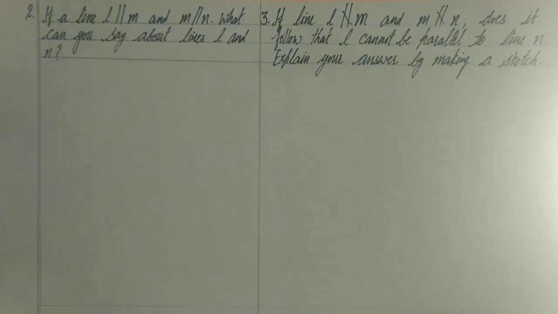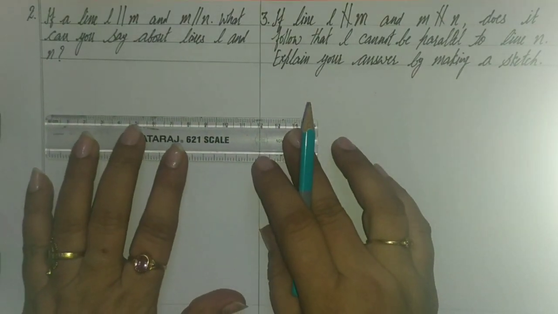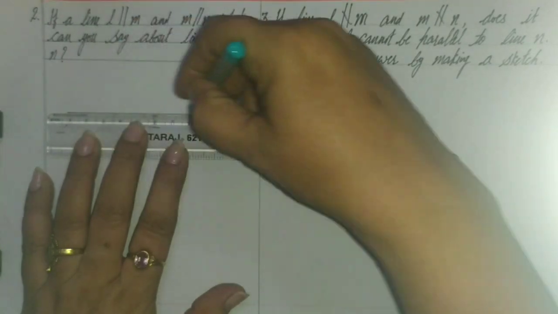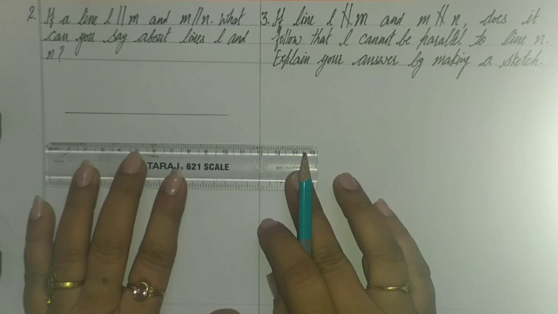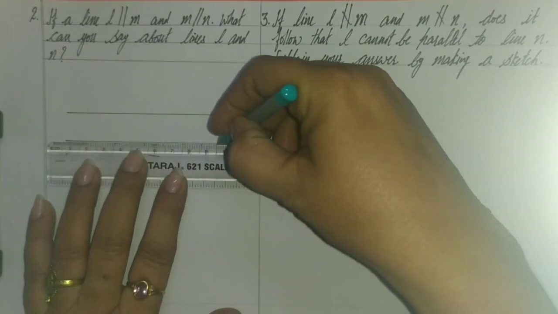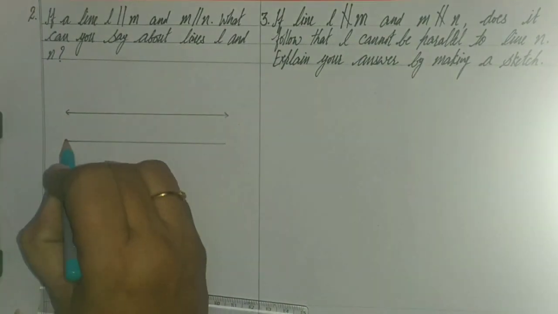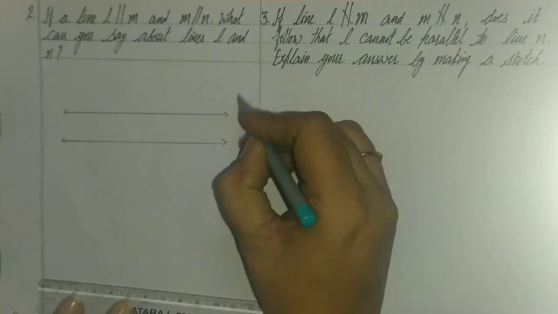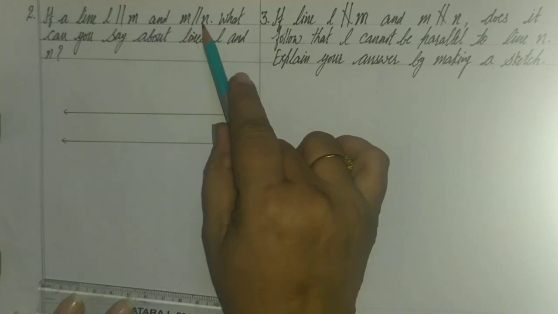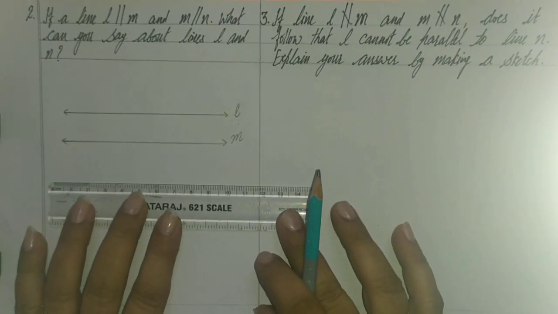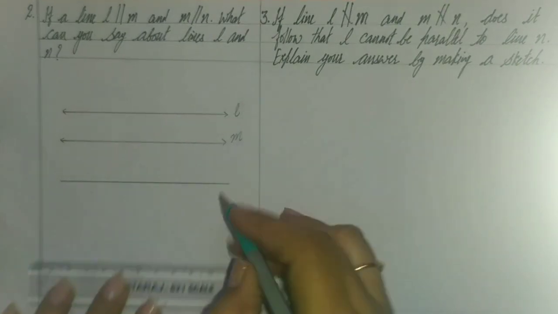Now let's draw a figure in which L must be parallel to M. Let this be line L, then line M. Label these two lines as line L and M. Now M is also parallel to N. So draw one more line that must be parallel to line M.